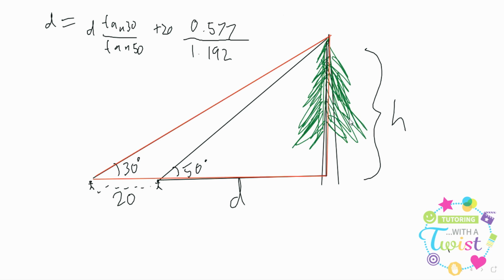Which means that the tangent of 30 over the tangent of 50 is going to be equal to, it looks like about 0.484. Okay, we'll multiply that by 20, and we'll get 9.681.